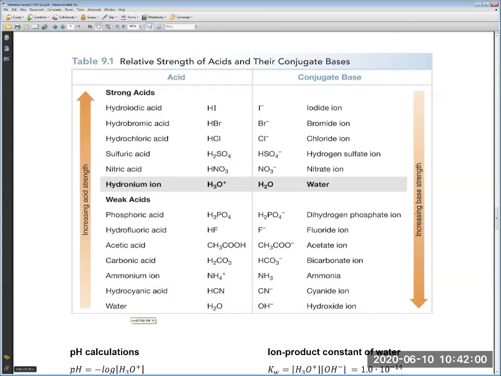So from the bottom, you move from water, hydrocyanic acid, ammonium. We have seen those two. Carbonic acid, and then acetic acid is there. And you see the formula doesn't look the same, but it's actually the same. If you pay attention, the H that is completely to the right now is in the front.